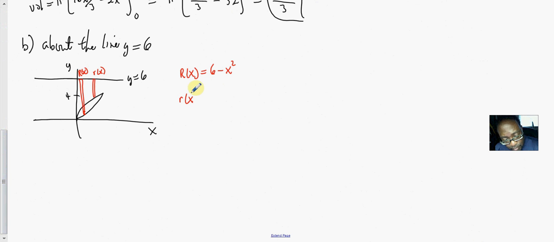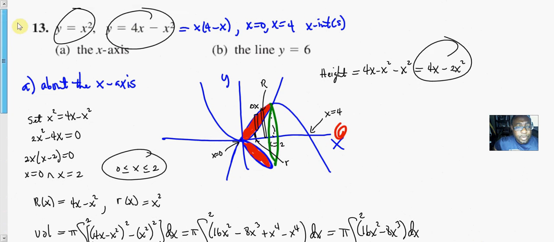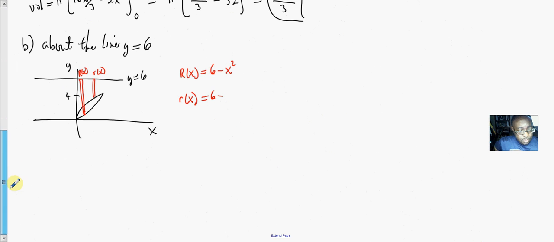And then little r of x, and this is where we get into a lot of algebra. Little r of x is 6 minus that curve, and that was that 4x minus x squared. So it's 6 minus, parentheses, 4x minus x squared, or 6 minus 4x plus x squared. All right. We're still integrating from 0 to 2.